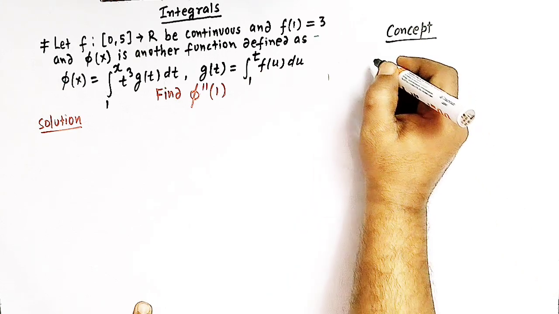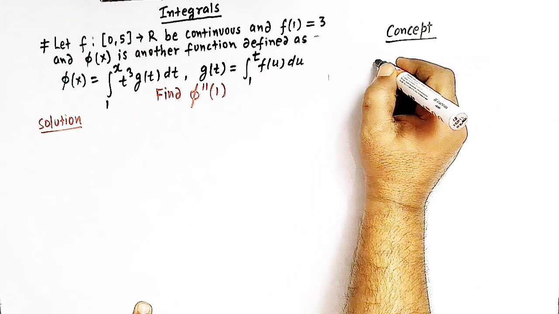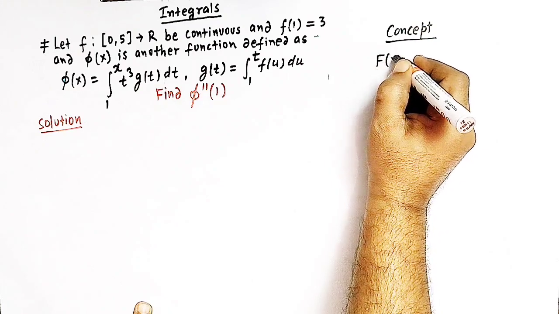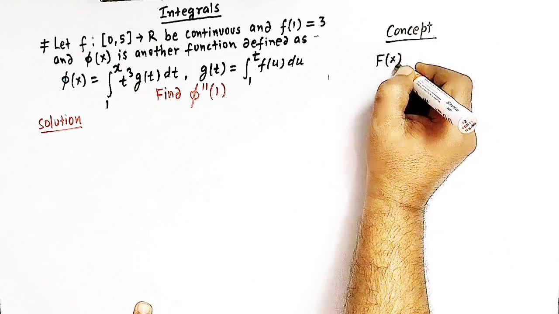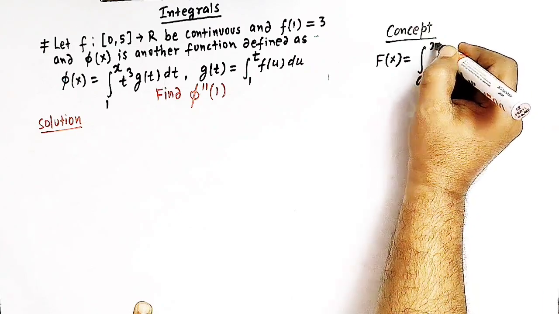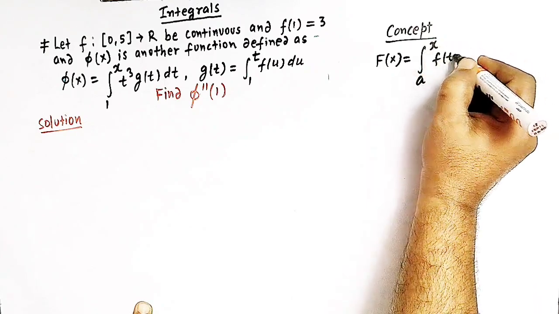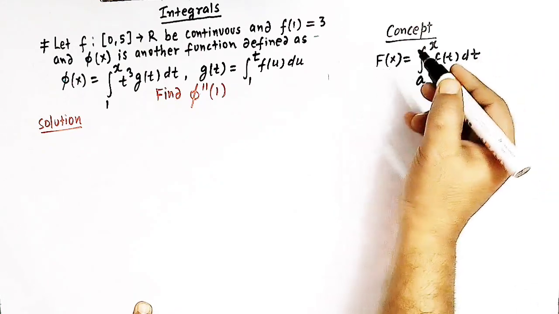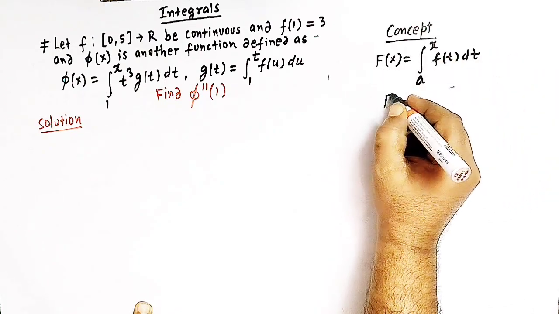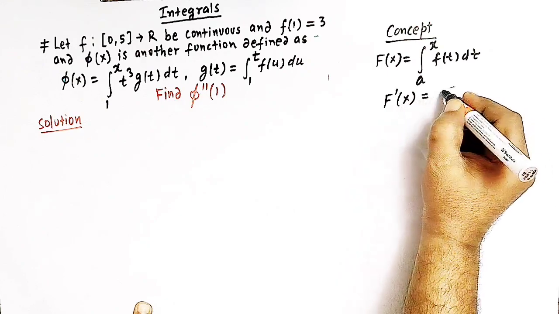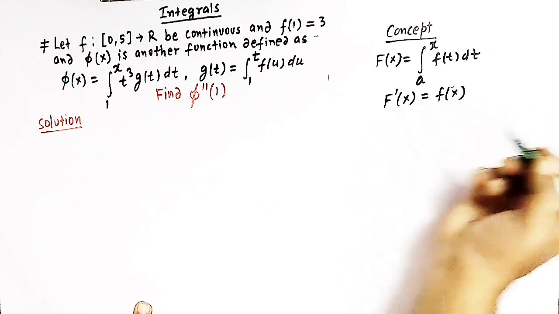See, we know from the theory of definite integrals that if we have a function, say capital F of x, given by the integral a to x f of t dt, then if we differentiate F of x with respect to x, we get F prime of x is equal to f of x, right?